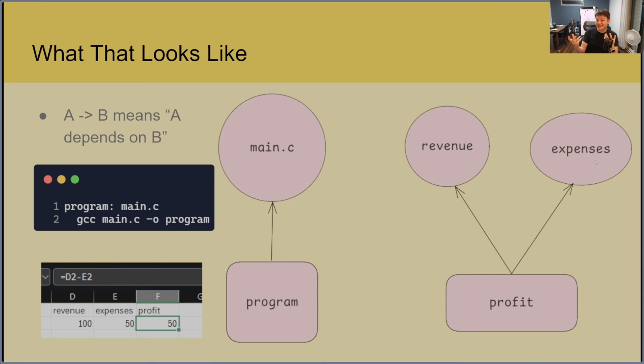So if either of these change, then I have to rerun part of the calculation that gives us profit. And similar to over here, build systems for programming will also not care too much about how you put the pieces together. They're just concerned about making sure that the pieces are there, and if they change, then it knows that it has work to do again for the same program.